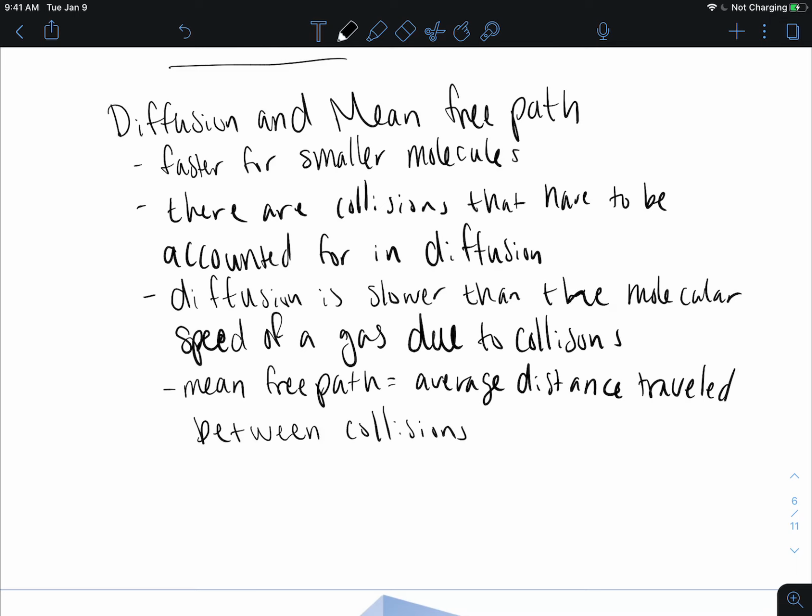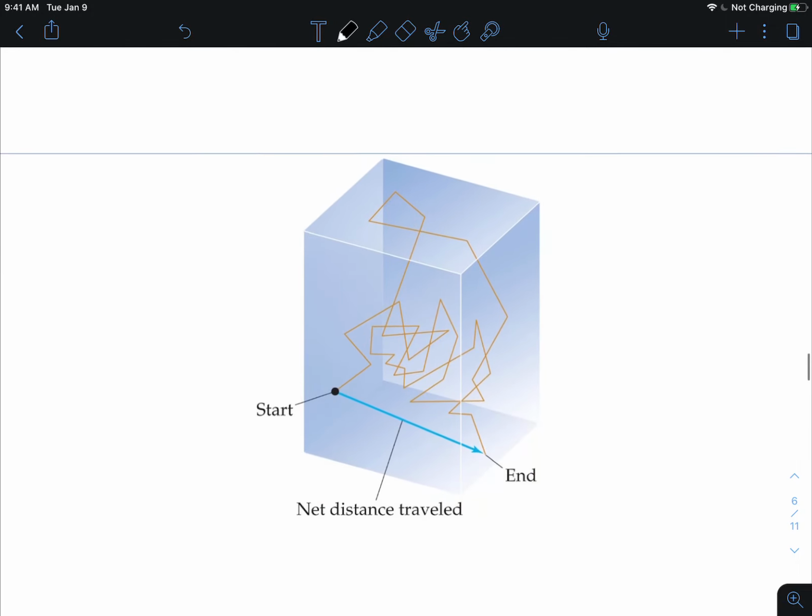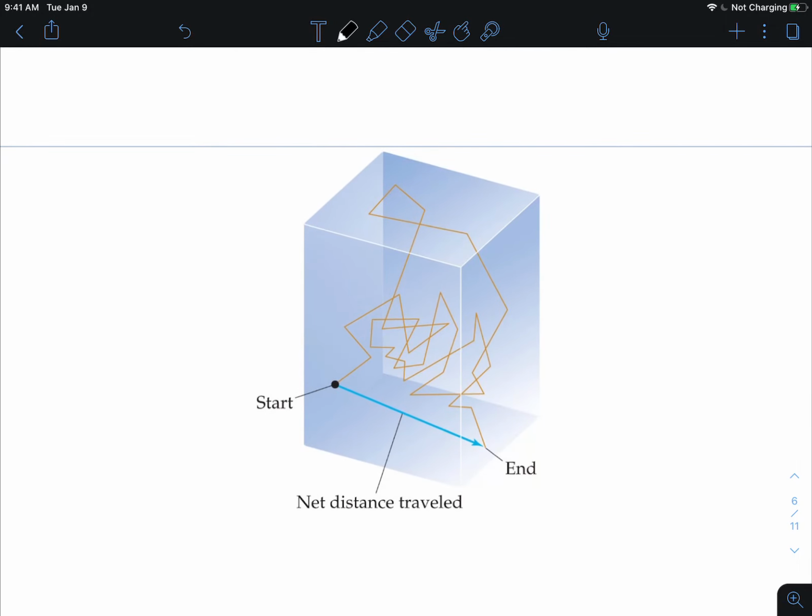And that is going to be affected by several things, including the molar mass and the pressure. So if we think about our mean free path, anytime we have a collision, we shift our direction. And if you average all of these distances, you can determine your mean free path.